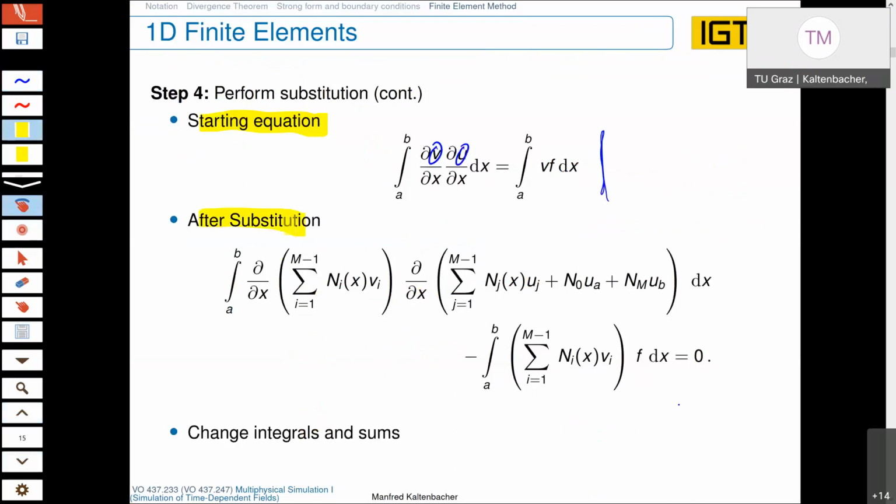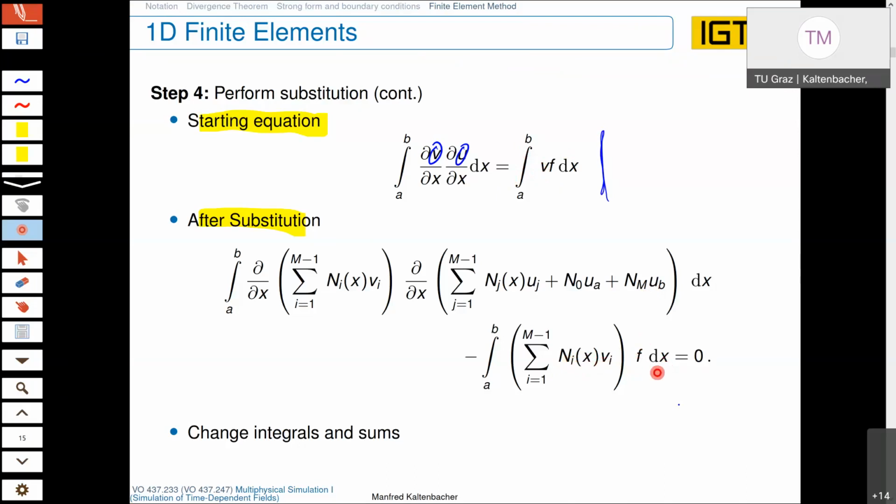So we have to put in for the test function this sum here, and for the unknown physical quantity, this larger term, which also includes the Dirichlet boundary condition u_A and u_B. And on the right-hand side, I just have put this term on the left-hand side. We also have here to approximate our test function v by this sum over N_i v_i scaled with the excitation function, where we integrate over the computational domain.